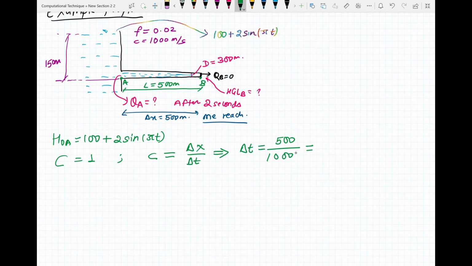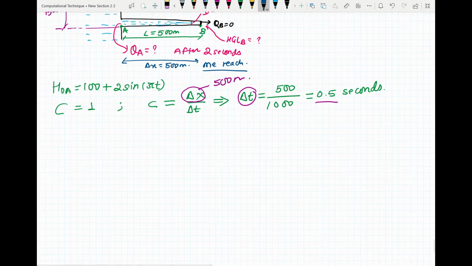So this equals to 0.5 seconds. So we have to take an interval of time as 0.5 seconds and our spatial step as 500 meters.